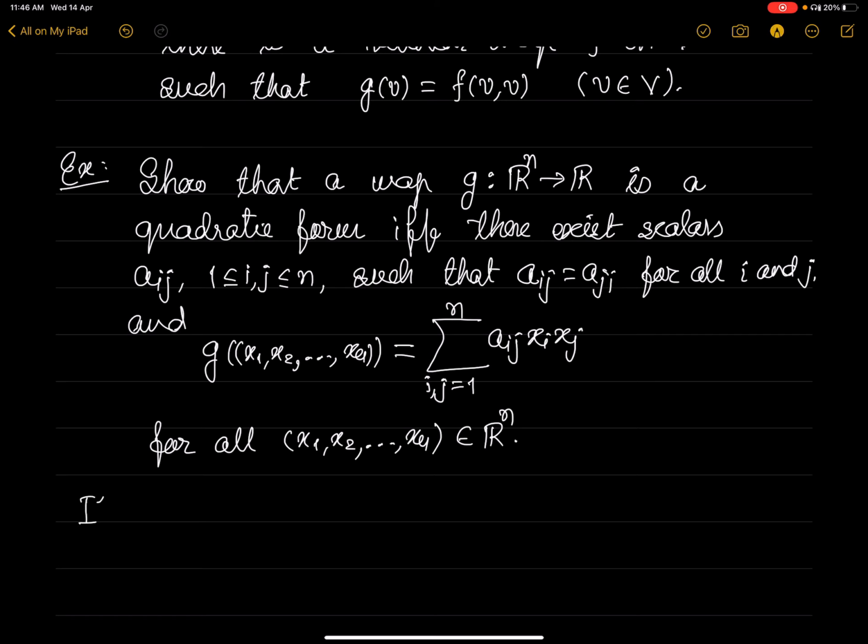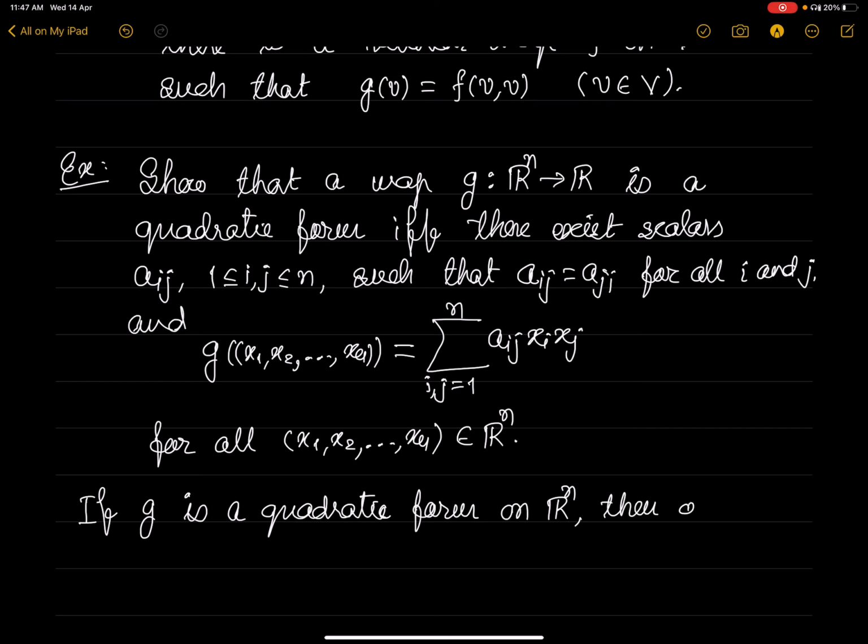So if G is a quadratic form on Rn, then we get an n cross n real symmetric matrix, namely a_ij.